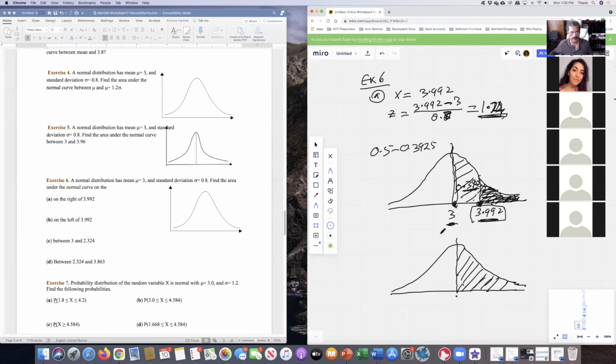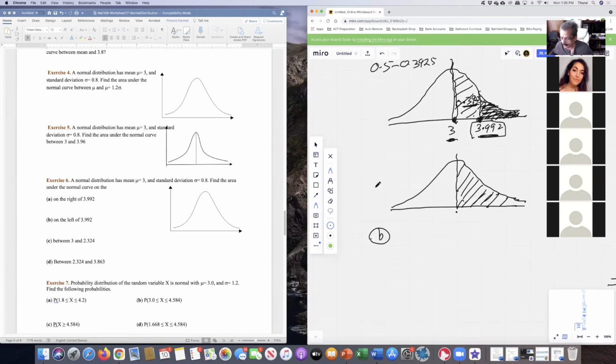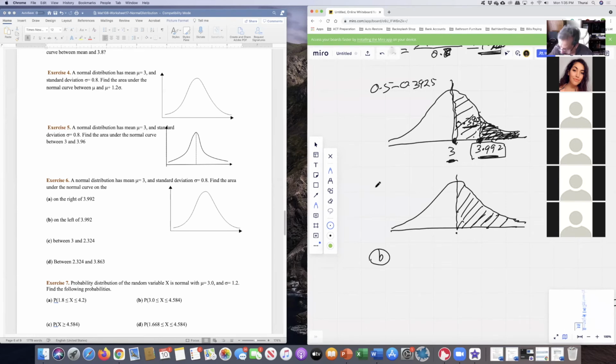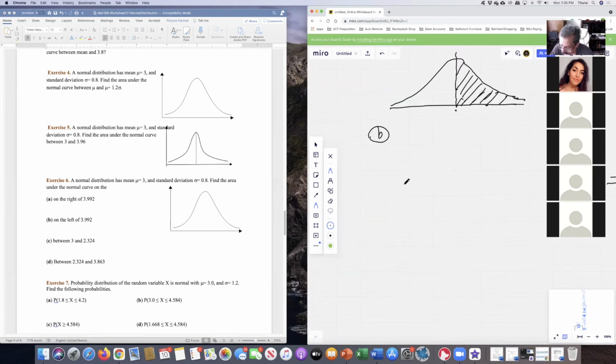So let me now do the second part. Part B says, what's the area on the left of 3.992? That means this entire area. Now, let me draw that in the picture. This is 3.992, and the area we need is all of the left side.